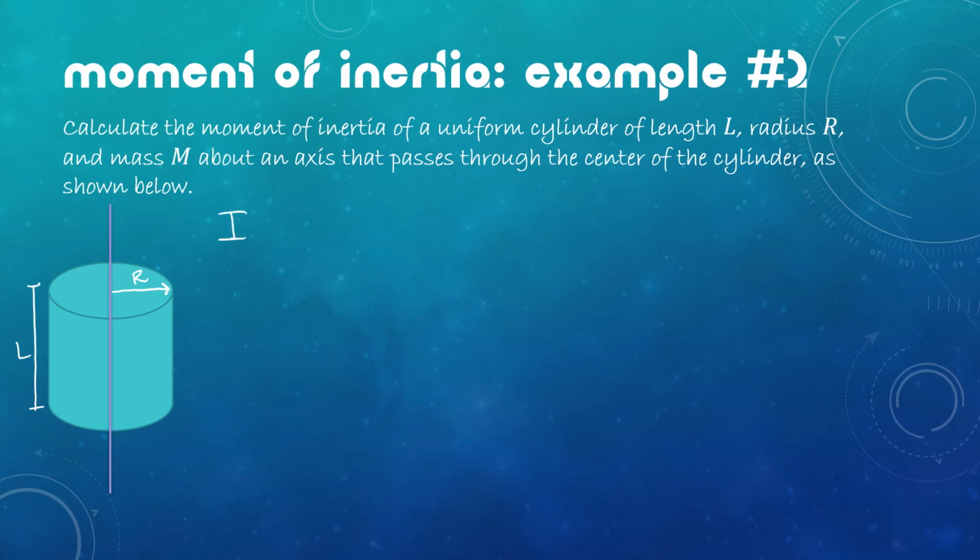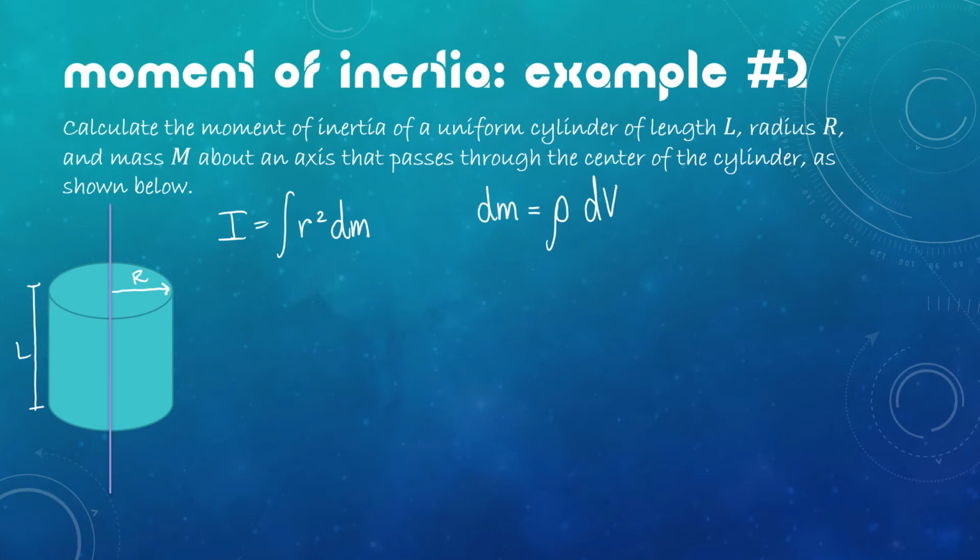So we will start with the moment of inertia equation. Moment of inertia is the integral of r squared dm. And this time we have a three-dimensional shape. So our little bit of mass is going to be equal to volume mass density times a little bit of volume. Let's go ahead and define that little bit of mass right now.